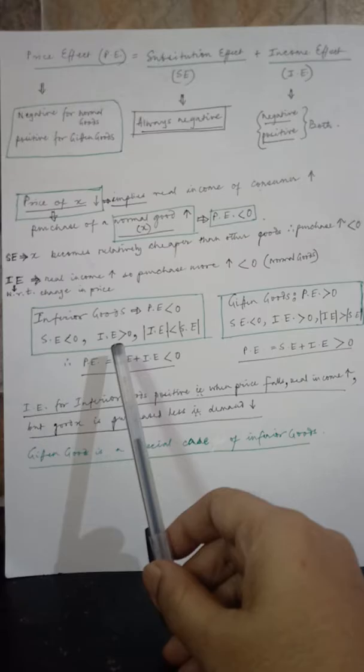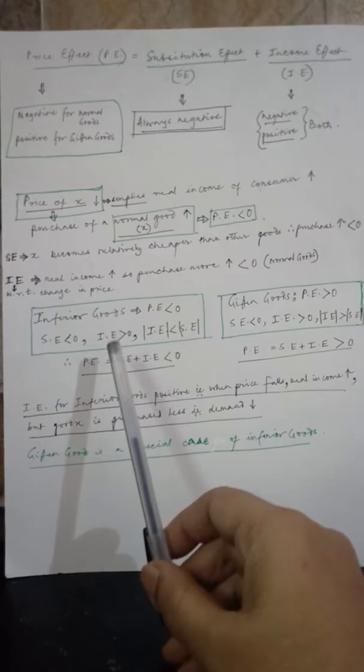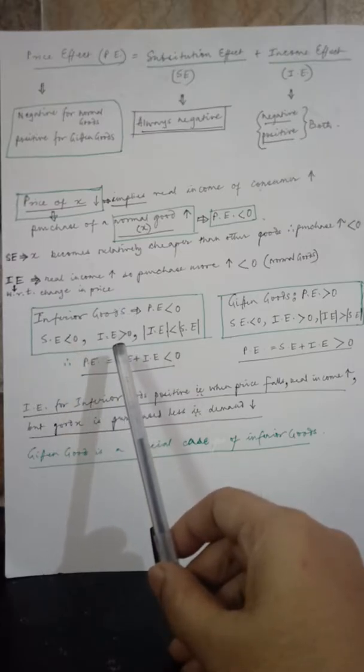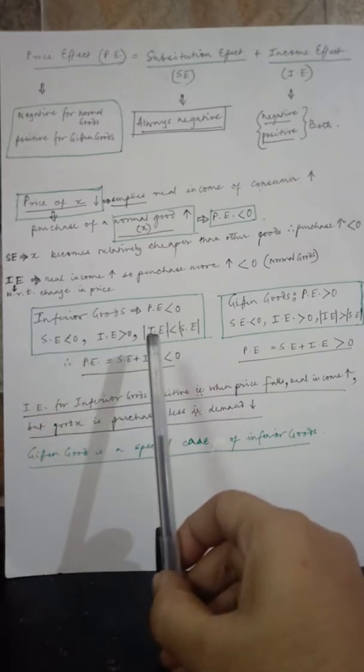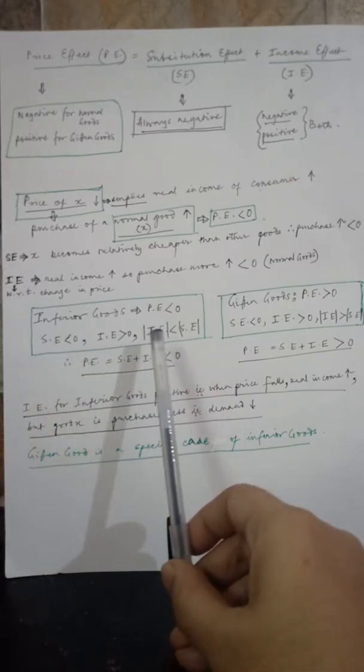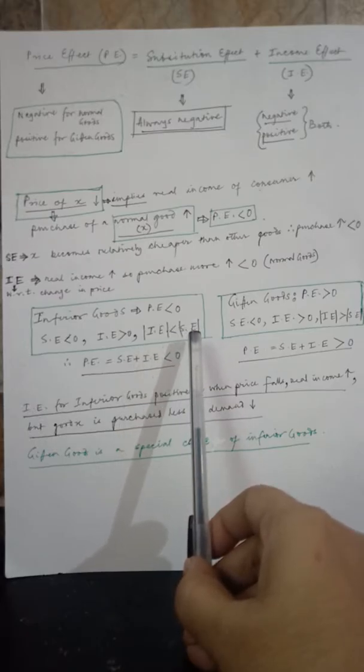Price of X decreases, and the income effect says that we will demand it less. That is why the income effect with respect to a change in price for an inferior good is positive. So for inferior goods, the income effect is positive, the substitution effect is negative, but the income effect is less than the substitution effect.